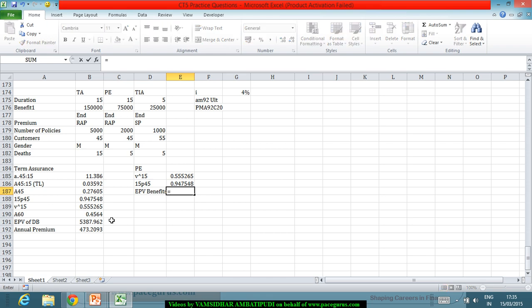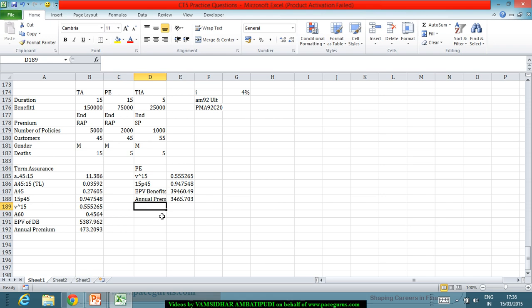The expected present value of the benefit comes out as 75,000 times this number multiplied by this, which is working out to 39,460. So from here I can find out the annual premium quite comfortably. 39,460 divided by 11.386, which brings me 3,465. So this is the premium that is being computed in this case.